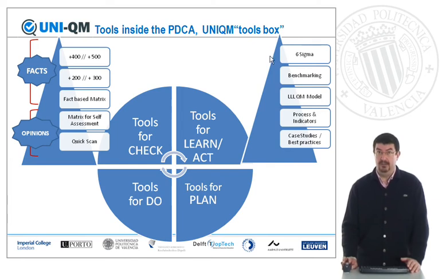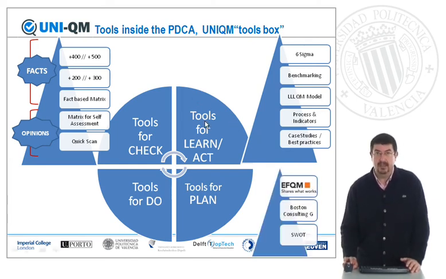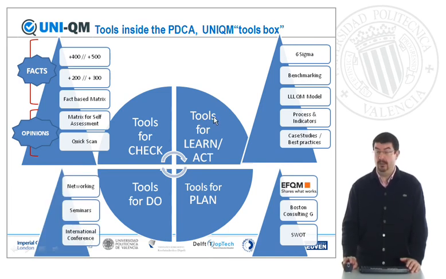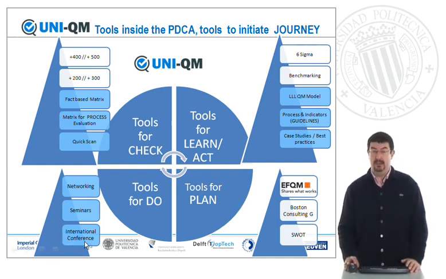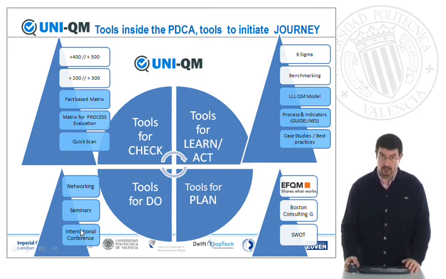We have also developed different tools for learning. Of course, there are several tools for planning and several tools for doing. What we selected in the project was to develop 6 specific tools and 3 levels of activity for the networking, for the seminars, or for the international approach based on a conference we developed in 2009 in Aarhus.